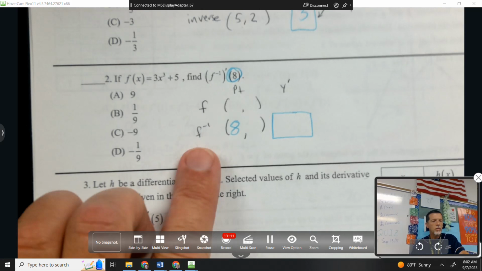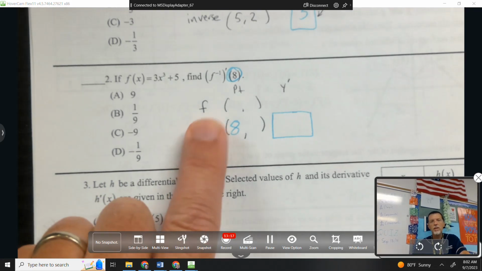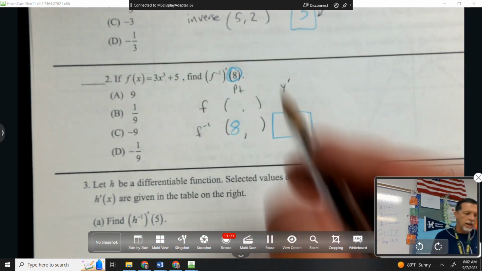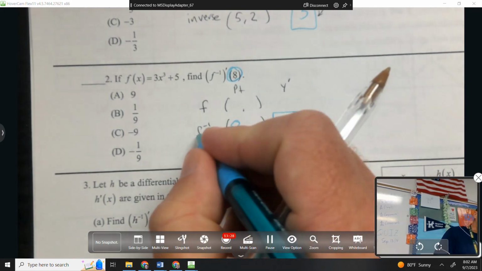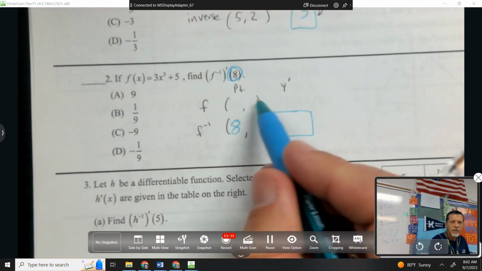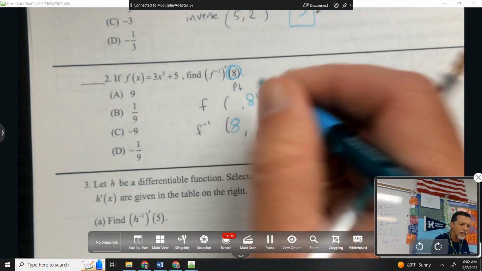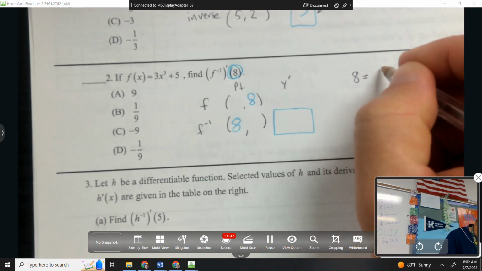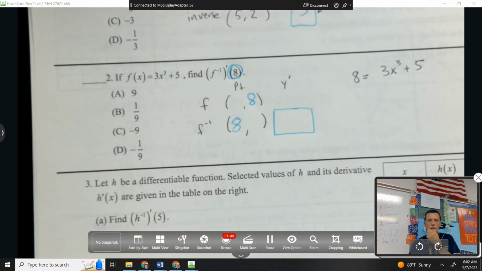Okay, but I don't know the formula for the inverse, so I can't take a derivative. Instead, I need to work this backwards, find the derivative of f, and flip it over. But before I flip it over, I need to worry about what x value I've got. So if 8 is the x value for the inverse, where does 8 go in this line of things? That's the y value. So if 8 is my y value, now I can figure out what the x value is from the equation.